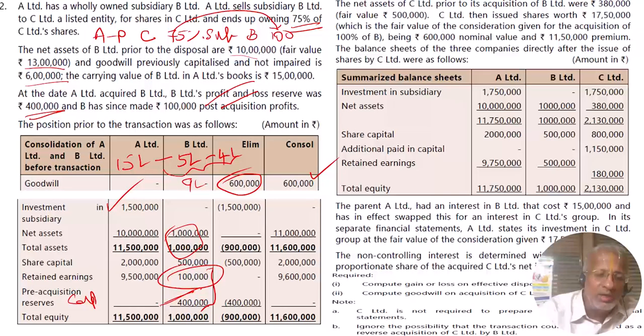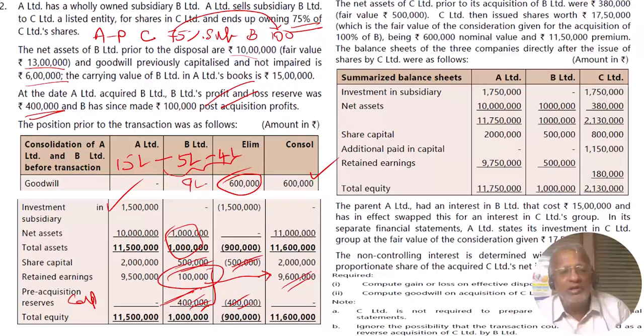The other 1 lakh which resulted after the acquisition is added to the parent's profit and loss account, and thereby it is shown at 96 lakhs of rupees. So now share capital of the parent continues to be there, and the share capital of the subsidiary company got eliminated. 4 lakhs of the subsidiary company got eliminated, 1 lakh is added, and the rest of the items are simply taken into the consolidation.